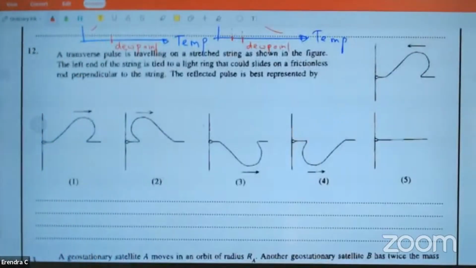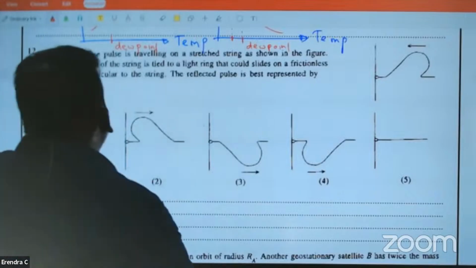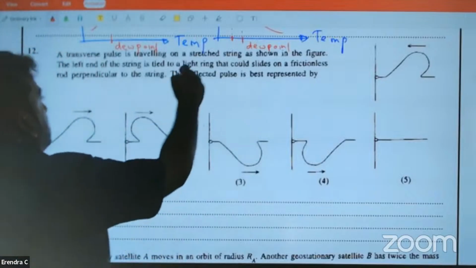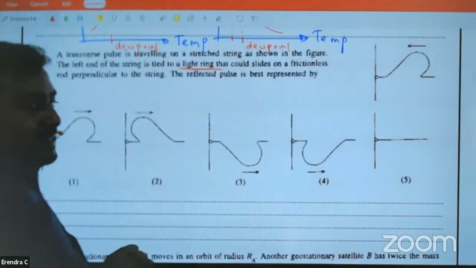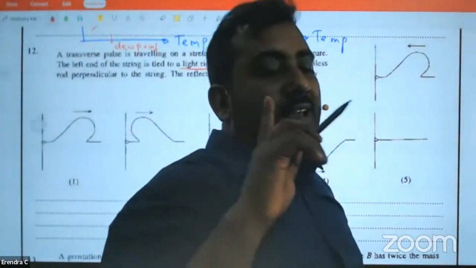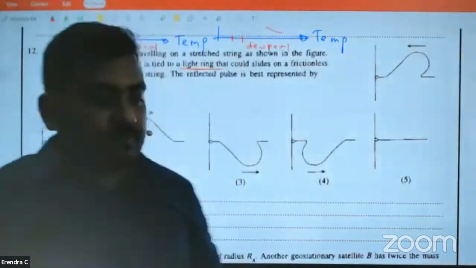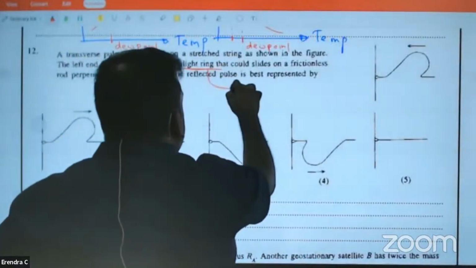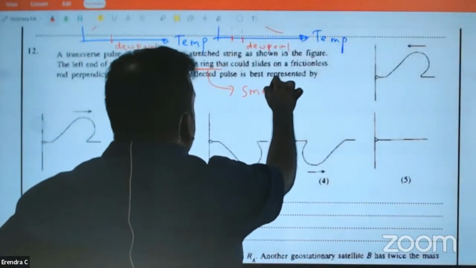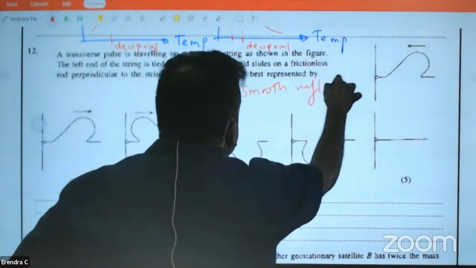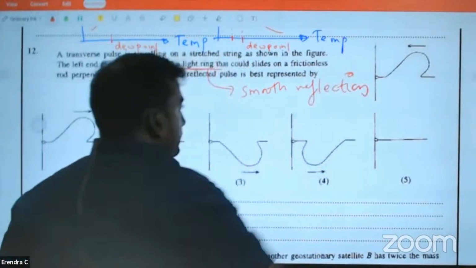A transverse pulse is traveling along a stretched string. The left end of the string is tied to a light ring. When they say light ring, remember always smooth reflection.